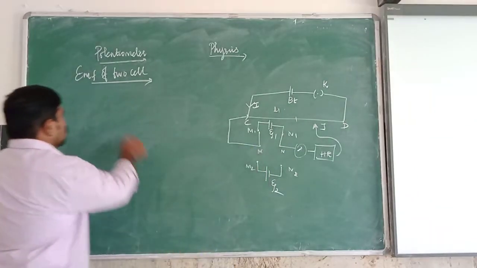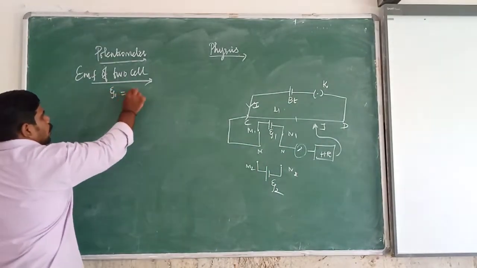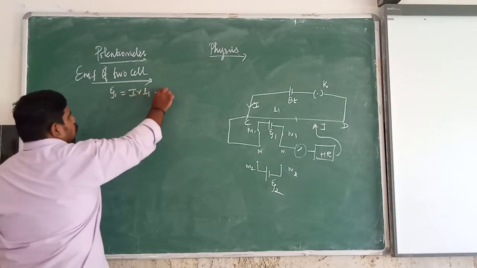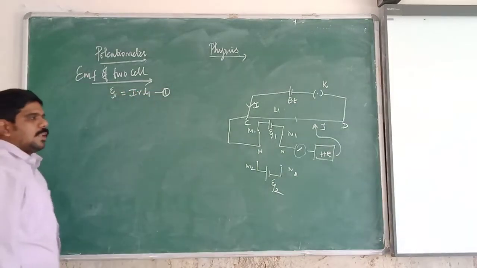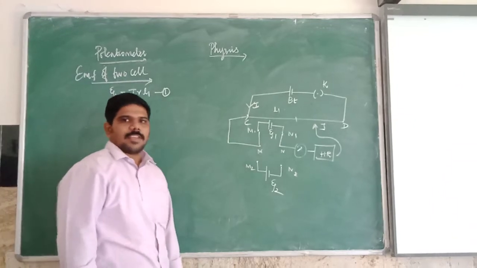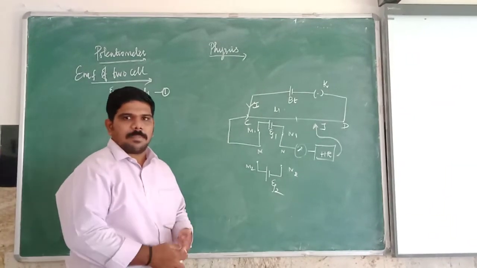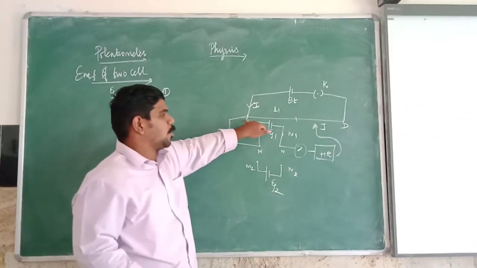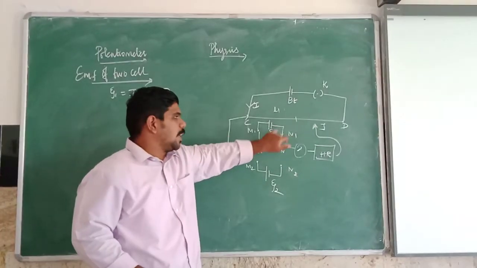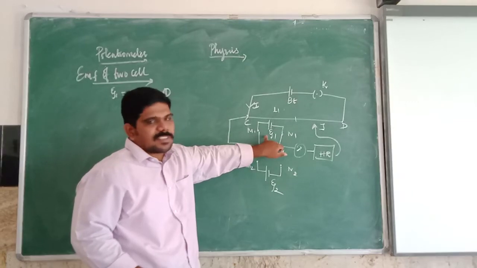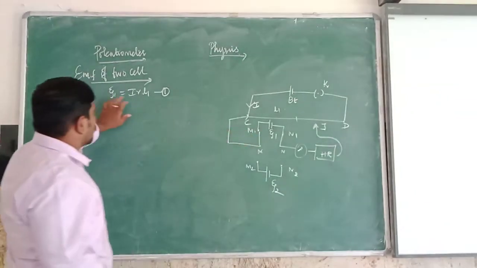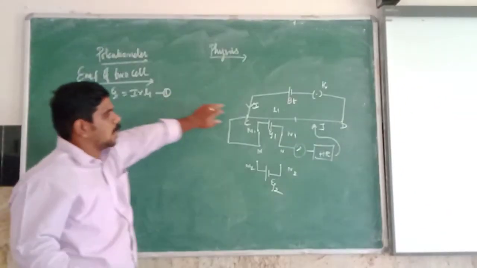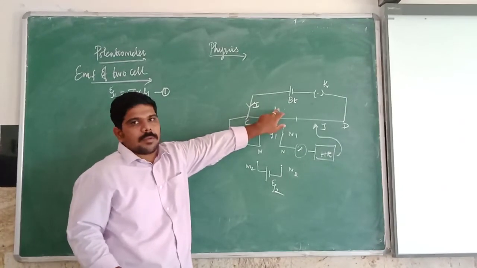So we get psi 1 is equal to IR L1. When the DP/DT switch is pressed towards M1 and N1, the potential difference across the balancing length is directly proportional to the EMF of cell 1. So psi 1 is equal to IR L1, where the balancing length is L1.